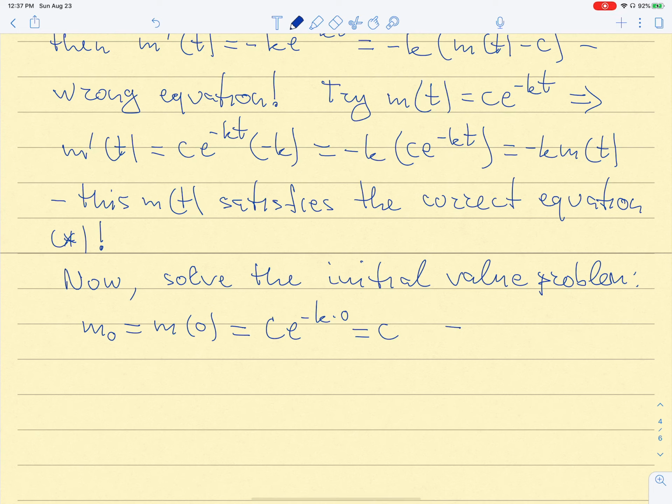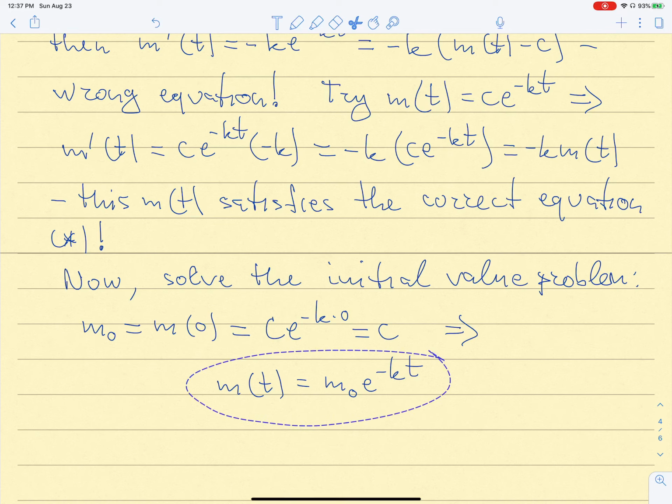And so therefore, c is m0. So m of t must be m0 e to the minus kt. So that is going to be an expression for the mass at the time t in your radioactive decay. So the mass is going to decay exponentially.